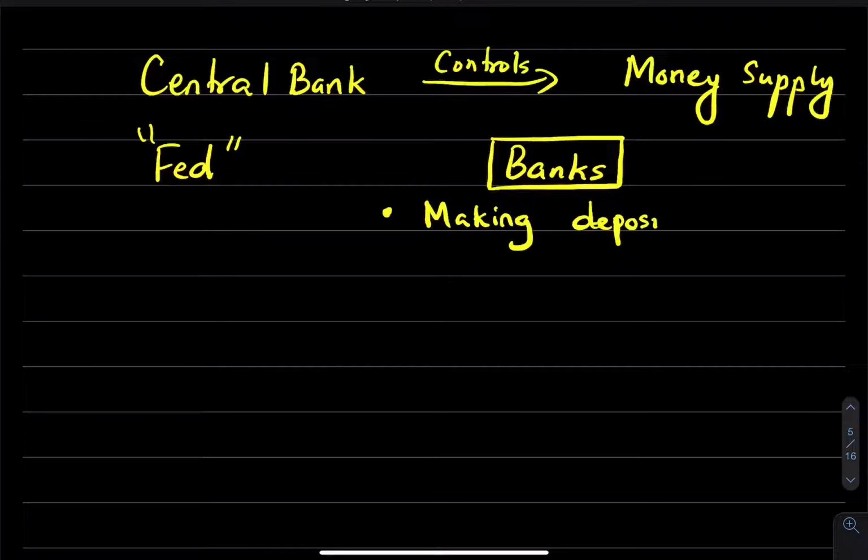So the bank is going to have these deposits, and now the bank can choose to make loans to the public, to businesses, etc., and keep some as reserves.